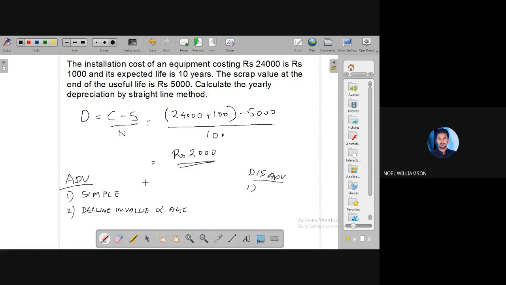This may not be linear. So there will be some difference in the analysis. It may not be depreciating uniformly.